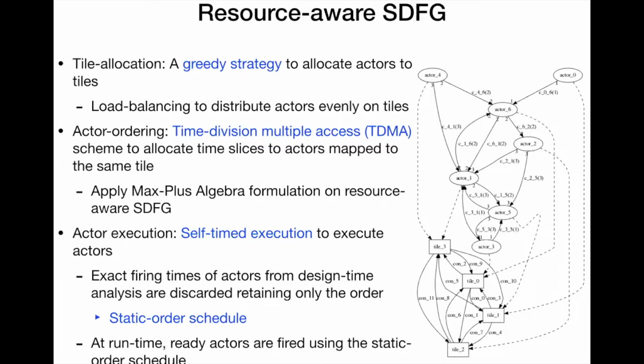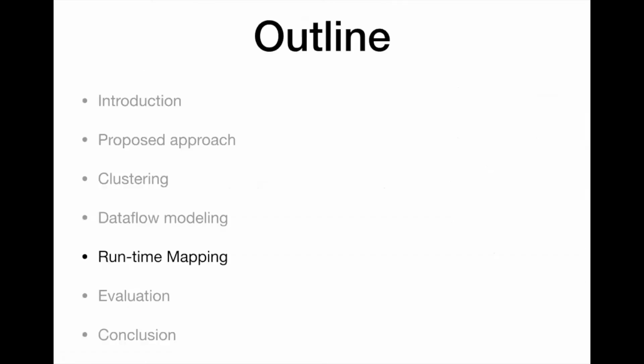So we discarded the timing information and retain only the static order schedule from design time. At runtime, whenever the actors are ready, they are inserted into a ready list and only fired in the order maintaining the static order schedule from the design time. In this way, by maintaining the static order schedules, we guarantee that the performance obtained at runtime will be the same as that obtained at design time.